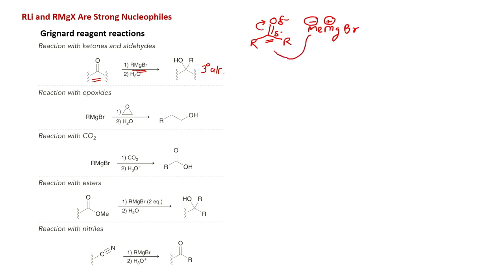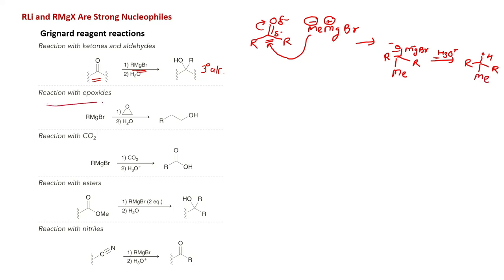So your nucleophile will attack on this carbocation. It will give you R-C-O negative MgBr with R and methyl. Now if you treat it with H3O plus, this oxygen will abstract one hydrogen and you will get your tertiary alcohol.